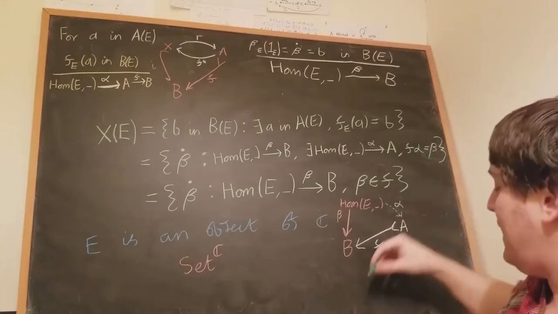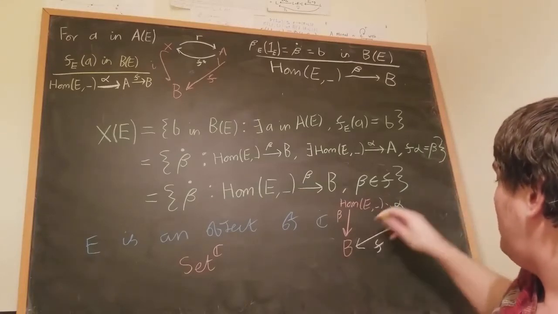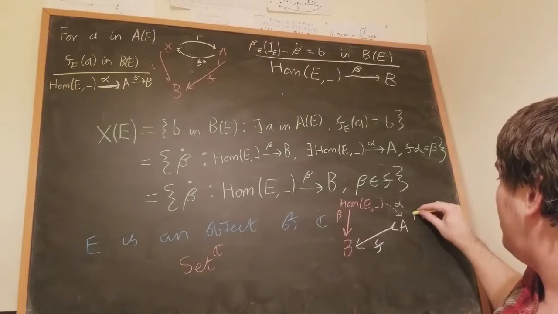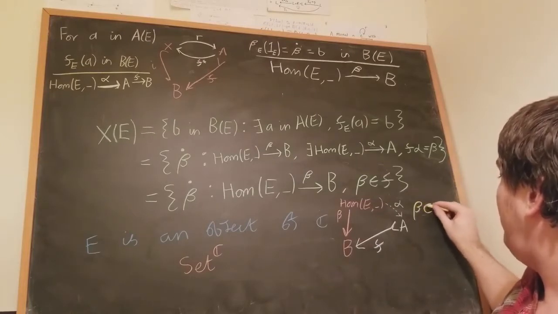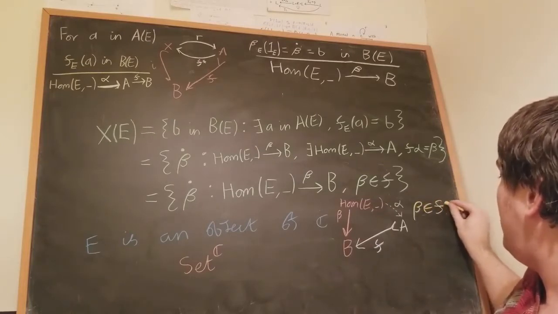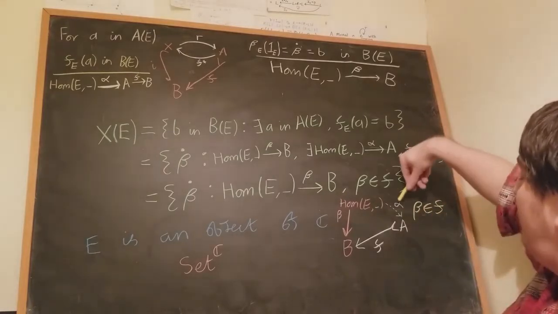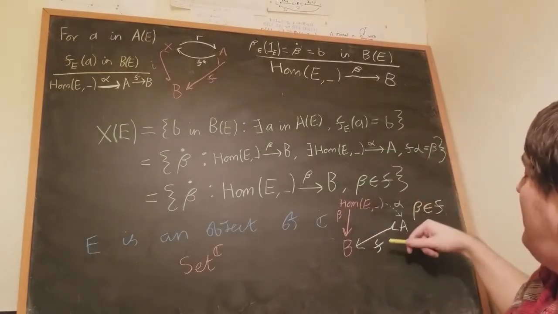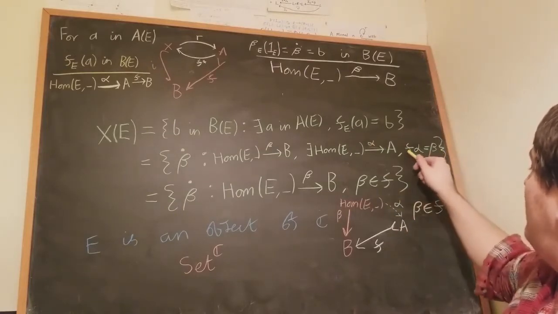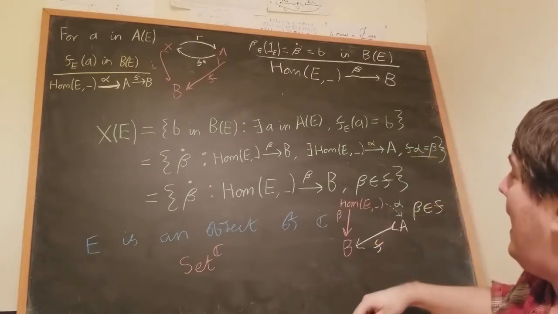So isn't this just saying that beta is in f? Because that's what it means to write beta as in f: it means there exists an alpha such that beta equals f after alpha.